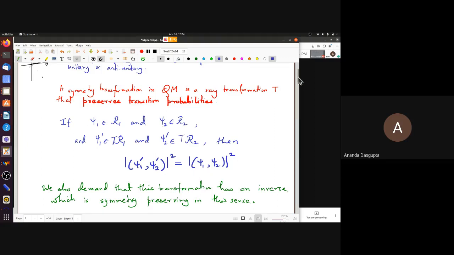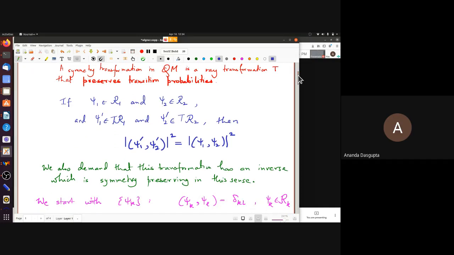And in addition to this demand, we only demand one more thing. At least as far as the proof of Wigner's theorem is concerned, we demand that this transformation also has an inverse, which is probability amplitude preserving in the same sense.